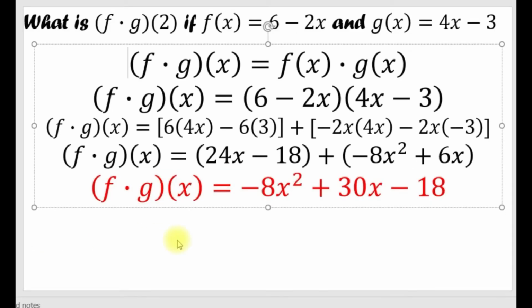Now, we are ready to substitute our value of x by 2.